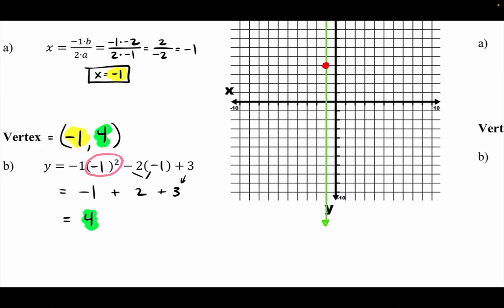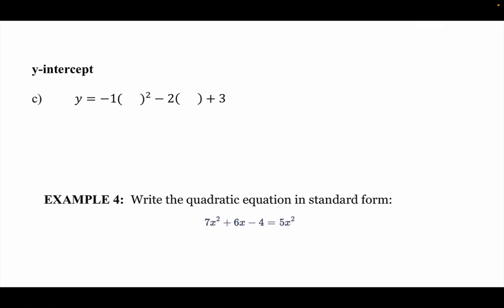Y-intercept. Always starts with a 0. Doesn't matter which form, always starts 0, comma something. So I'm going to do the same thing I did with the vertex, just plug in 0 instead. Zero times 0, 0.